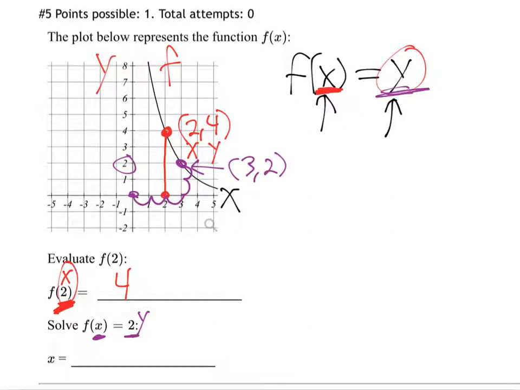So from the origin, you go right 3, up 2. That's the x and y value of that point. So we found a point with a y value of 2, and they want to know the x value that goes with it. The answer is 3, right? That's the x value going with the y value of 2.